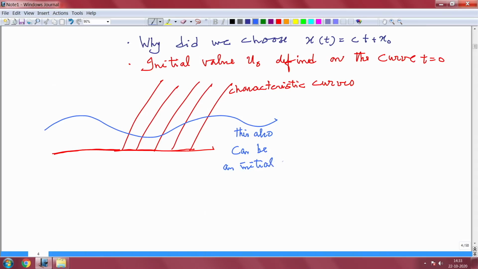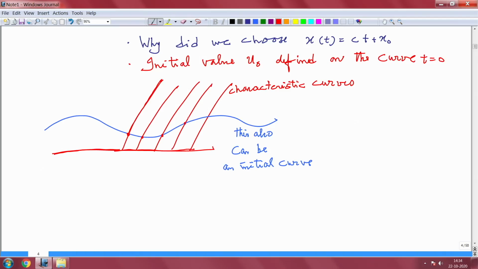Because you know that u is constant along all these lines, so if you know the initial value at this point, I can determine the value along that curve. Similarly, if I know initial values at that point.